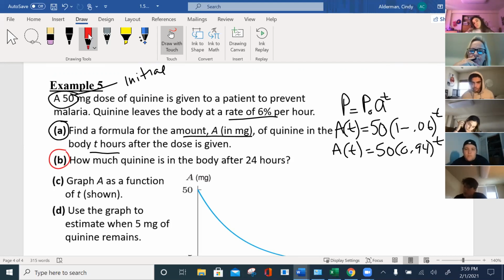When t is 24. So how do you say that? A of 24. Yeah, there you go.